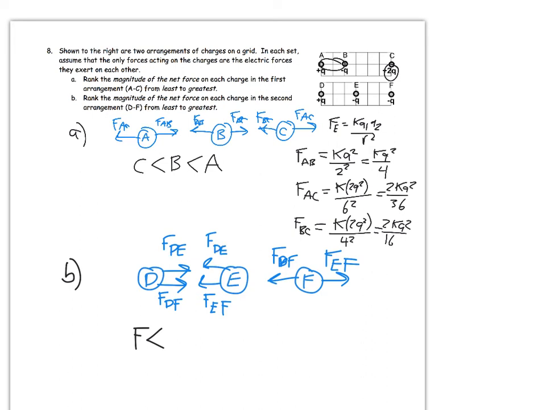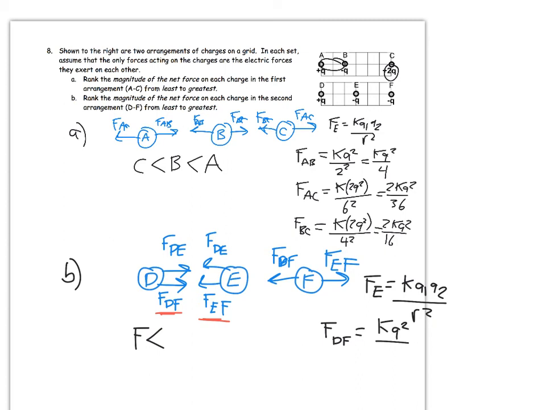The only difference is the one object D has this force FDF, and object E has that force FEF. So let's think about the magnitude of those 2 forces, because that's really all we need to determine here in order to solve this.